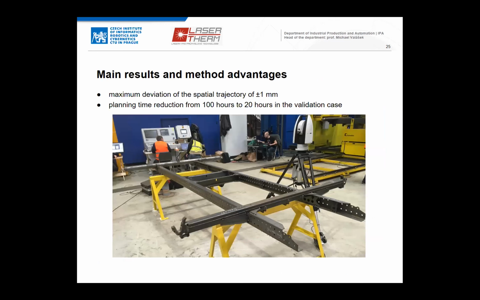And the main results and advantages of the method: the developed complex model allows us to design a welding procedure of the whole system in order to achieve the required tolerance of the weld position with maximum deviation from the trajectory of plus minus 1 millimeter.